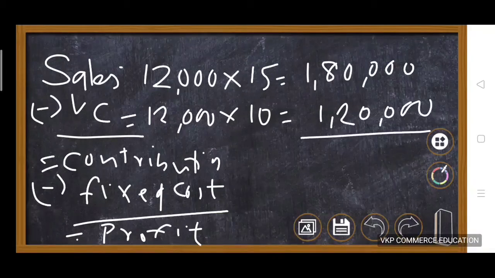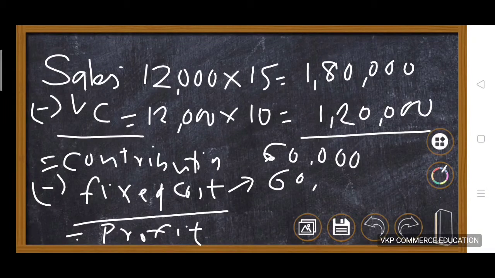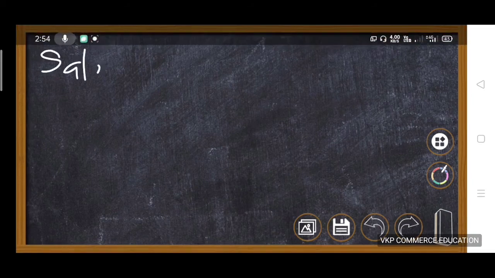Simply less from 1,80,000, we will get contribution equal to rupees 60,000. Then less fixed cost, as we already know, is 60,000. Then we can understand that the profit is 0, that is, there is no profit and no loss situation. The theoretical concept also says that there is no profit and no loss at BEP.